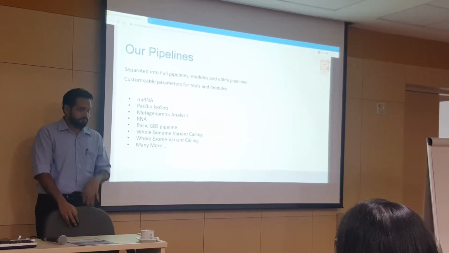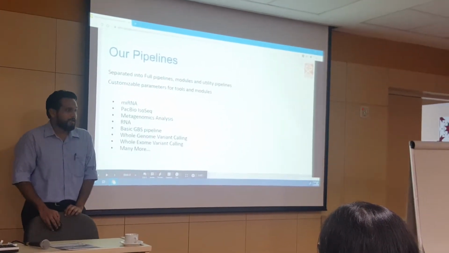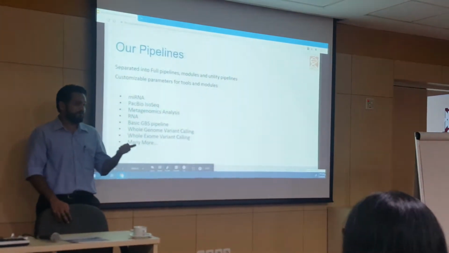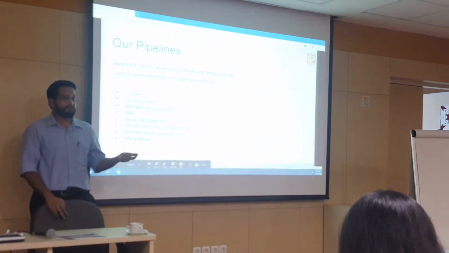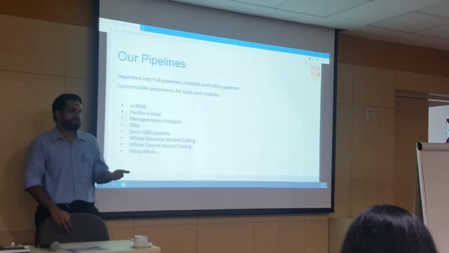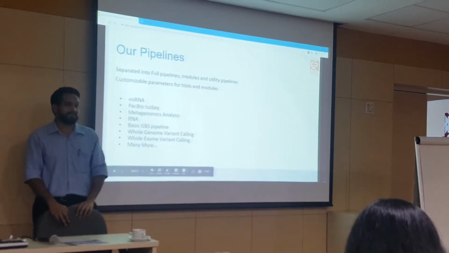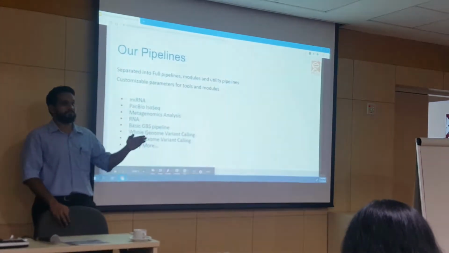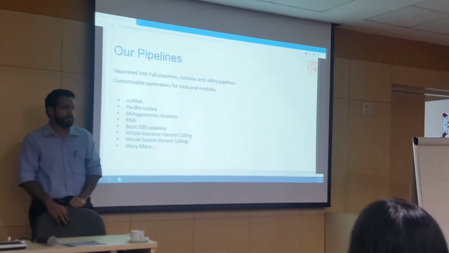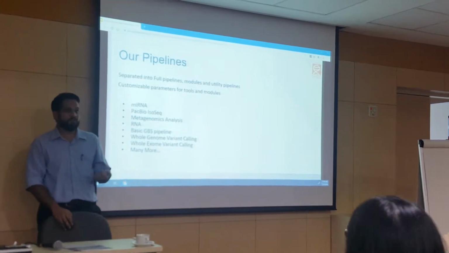Like I mentioned earlier, the pipelines that we have are actually called protocols, and we've split them into full pipelines, modules, and also utility pipelines. The full pipelines are, for example, the RNA-seq or the PacBio IsoSeq analysis, where it goes all the way from the beginning to the end, up to variant calling and some basic analytics. The modules are the individual tools that you have within novoWorx itself.